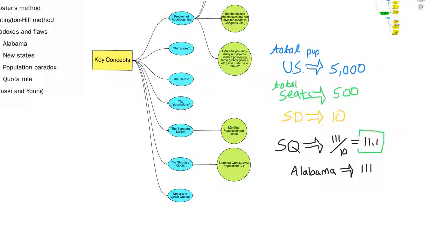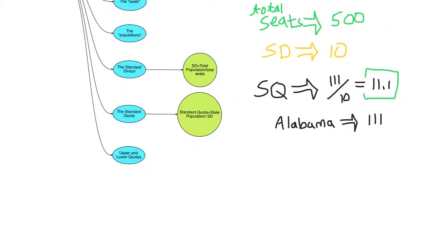Now, I had mentioned 11 seats in Congress, and I had mentioned 12 seats in Congress, and that is directly related to the next concept, which is called upper and lower quotas. What do we mean by upper and lower quotas? Well, basically, it means just what I was referring to before. So Alabama, let's say, gets 11.1 seats in Congress.